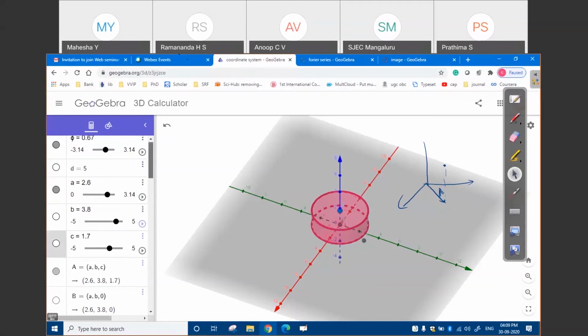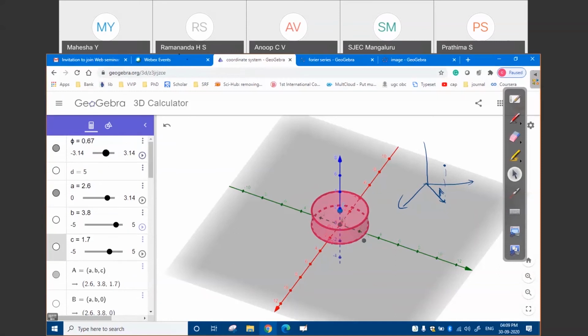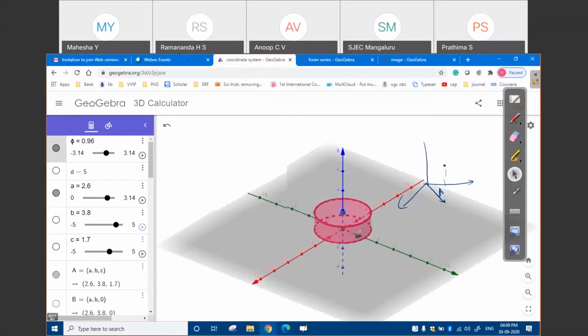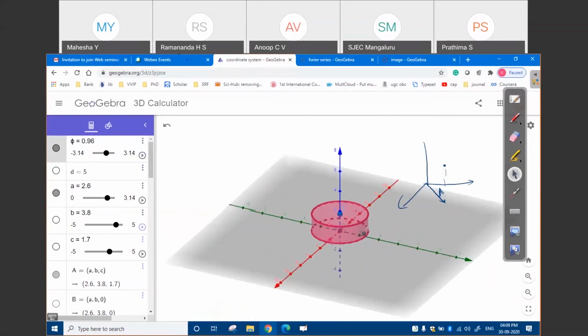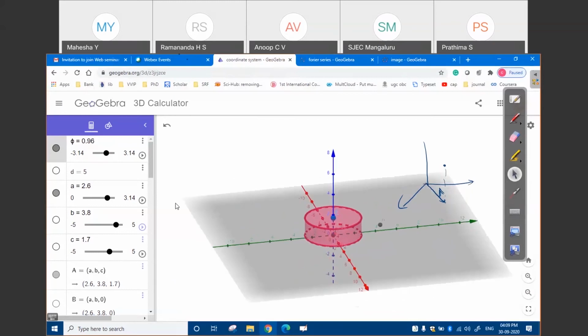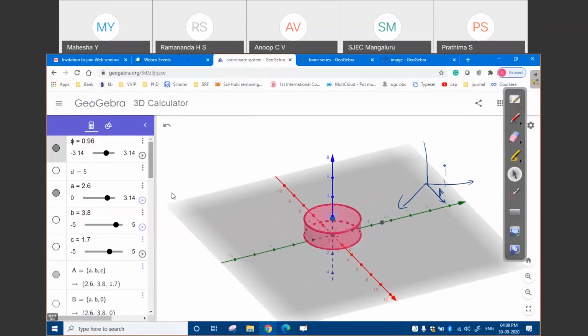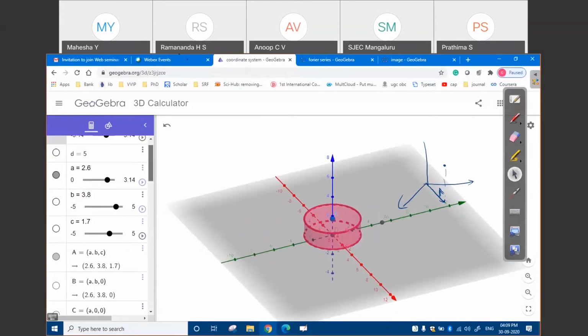And I can also use phi to change the angle, which I cannot show here for the time being. So this is the cylindrical coordinate system, where I'm using a particular point with three parameters: one is rho, another is phi, another is z.